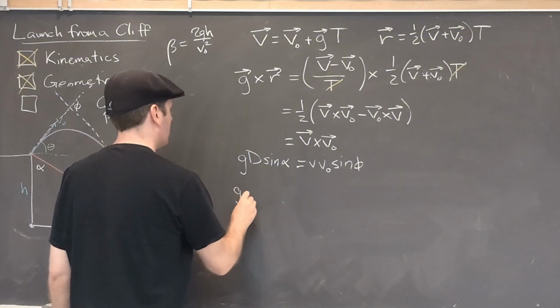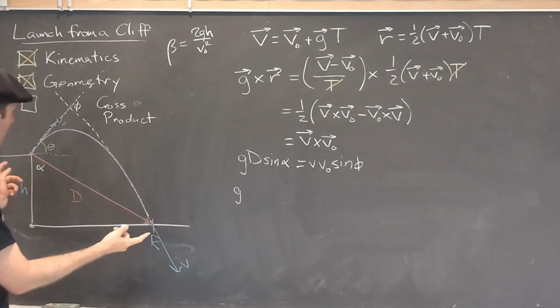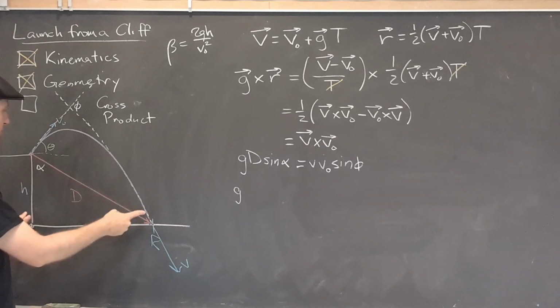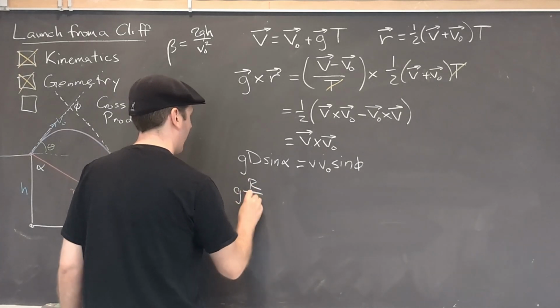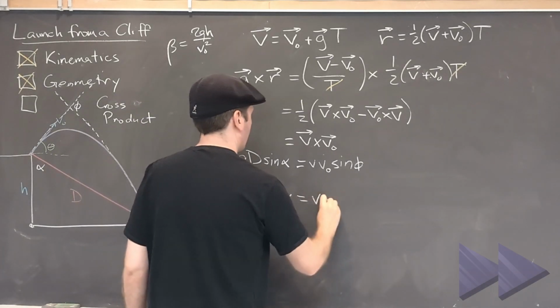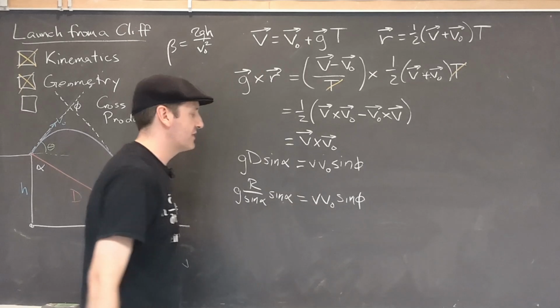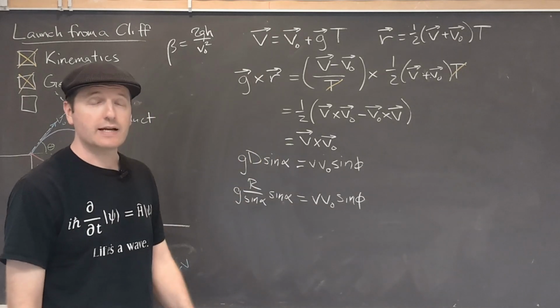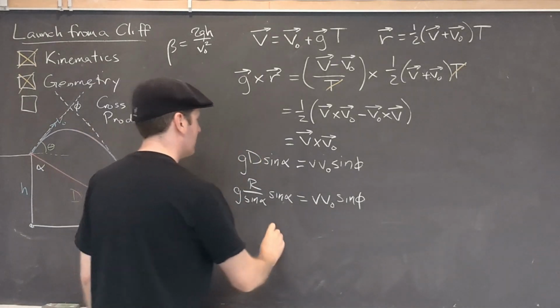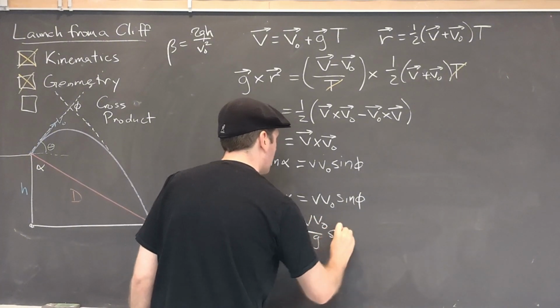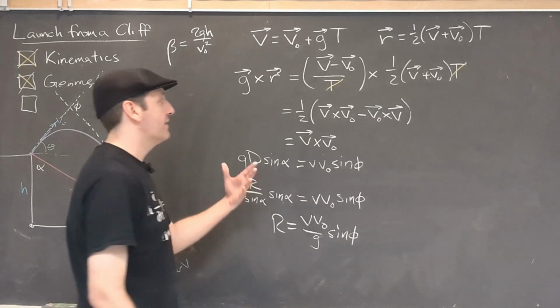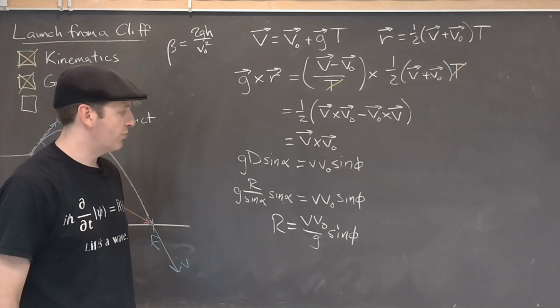So D is equal to R divided by sine alpha. The sine alphas cancel. I guess I could have gone straight to D sine alpha equals R. But the point is that R is just V naught over G times the sine of this angle phi. That's actually the result we got on the previous board.